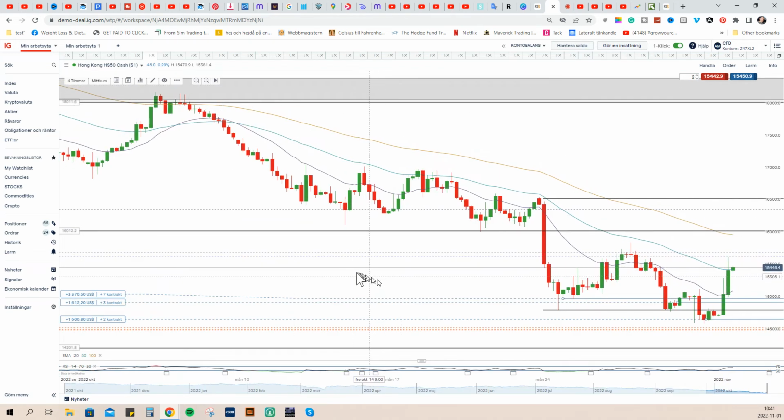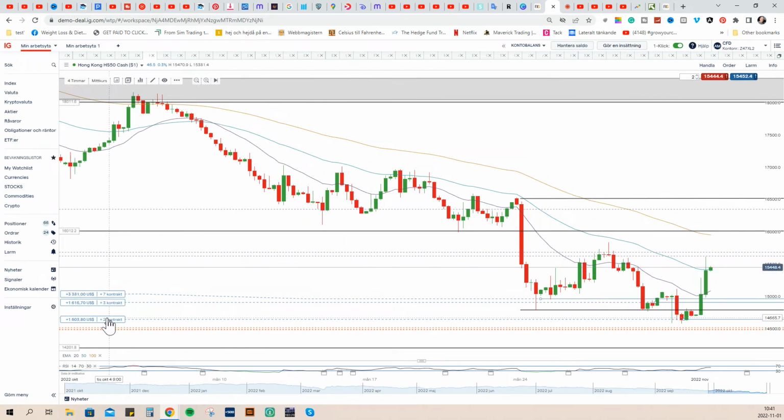So I can show you my trades. All these orange dots here, that's my stop losses. Here, 3 of them, below this structure here, below this pin. And this one I bought 2 contracts.